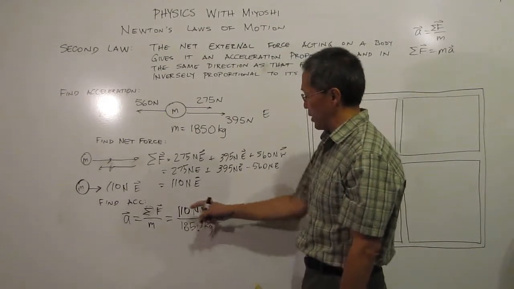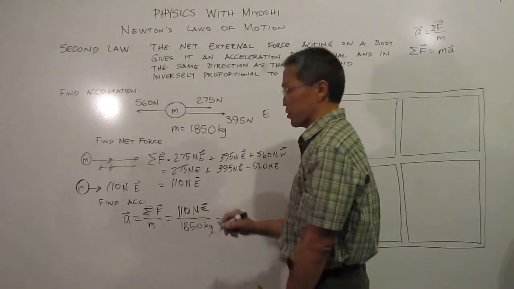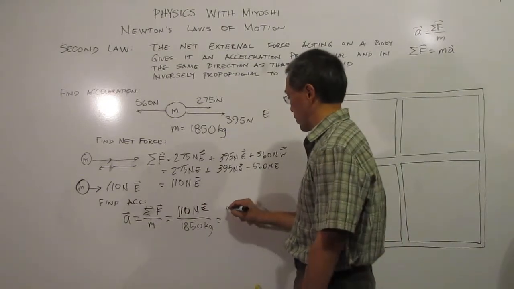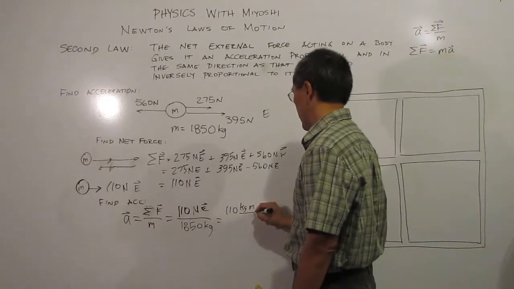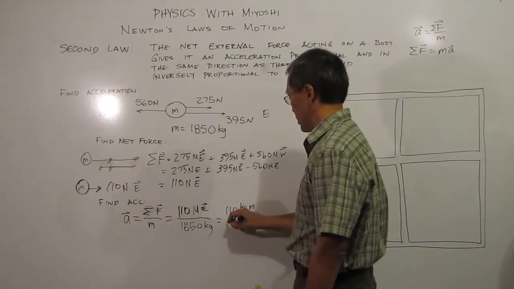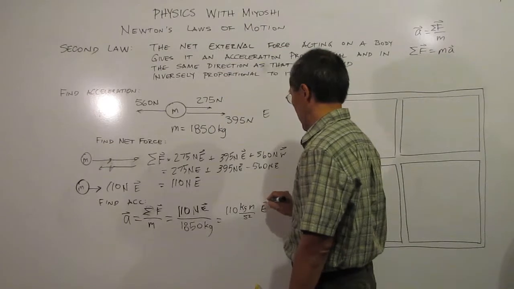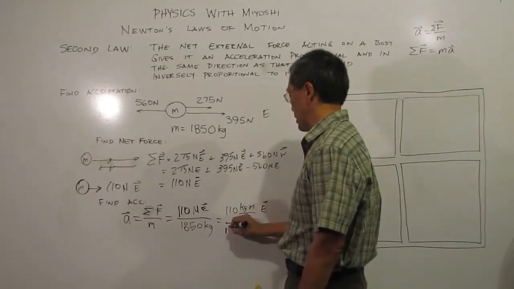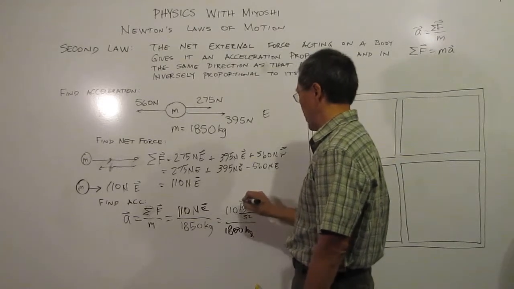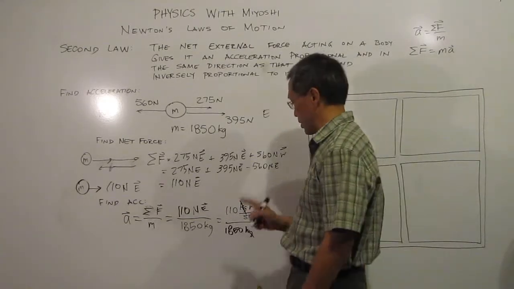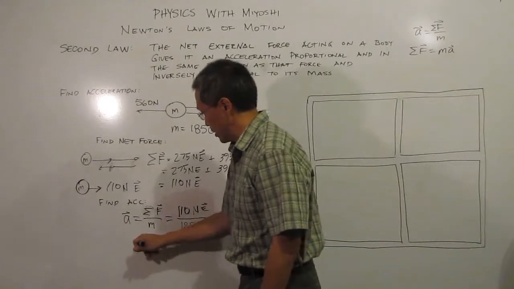I will break up the newtons into kilogram meters per second squared. So this would be 110 kilogram meters per second squared in the east direction, divided by my 1850 kilograms. My kilograms divide out. I'm left with meters per second squared, which is an acceleration unit.